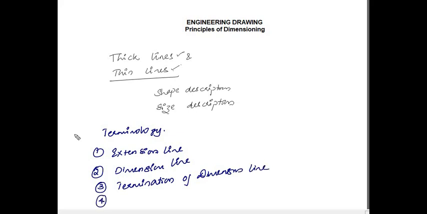And finally we have dimension value. So in any dimensioning, these are the four things that are necessary. First is extension line, then comes the dimension line, then how to terminate the dimension line, and how to write the value of the dimension.